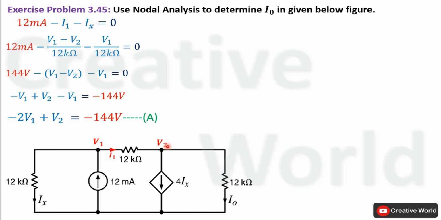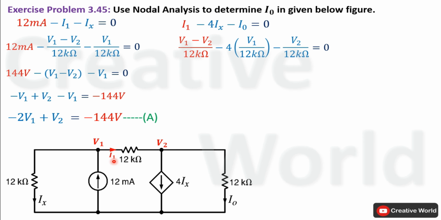Now we will apply Kirchhoff's current law on this node. On this node, only one current is entering, I1, while leaving currents are 4Ix and I0. In next step, we have to replace these three currents with their respective equations. Current I1 was equal to (V1 minus V2) divided by 12 kilo ohm, while current Ix was equal to V1 divided by 12 kilo ohm, and current I0 will be equal to V2 divided by 12 kilo ohm.